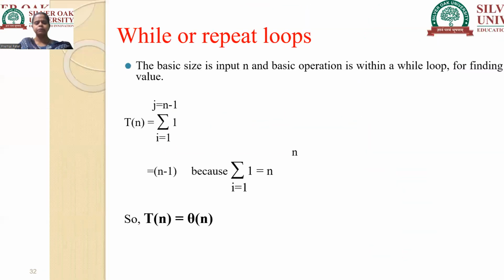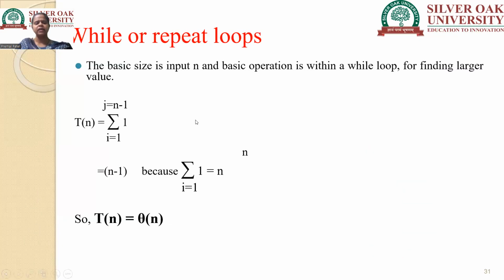We know that i equal to 1 to n gives n. Because the limit is n minus 1, that will become n minus 1. So we will get t of n is equal to theta of n. So that is the frequency count for the given example of the while and repeat loop.